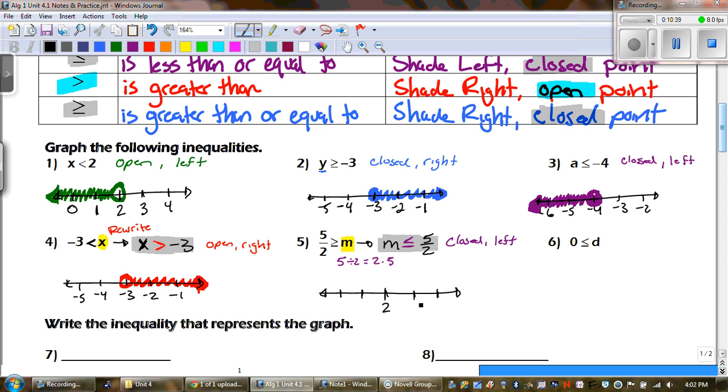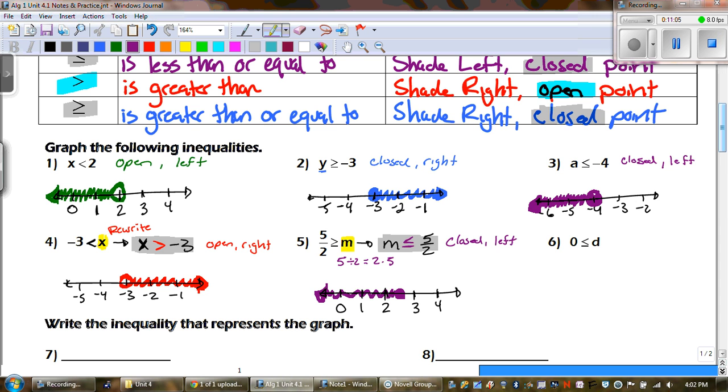So when we graph this, my numbers are the integers, but 2.5, well, where does 2.5 fall? In the middle of 2 and 3, and it's a closed circle. So there we go. And then we shade to the left. Okay, does that make sense?